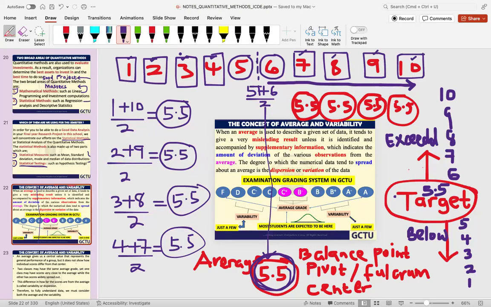So if there's any promotion, they will give it to those who have exceeded their target. So anytime they set a target for you, that is the average point. When you exceed it, it has a reward. When you fall below the target, it has other consequences. And the worst form of consequence is dismissal.